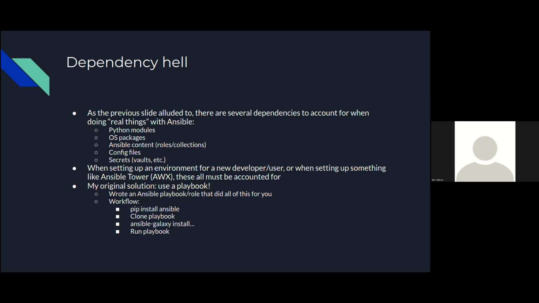Ansible has its own internal, I don't want to call it a package manager, but maybe a content manager, very analogous to apt or yum, or Node.js has npm. They have something called Ansible Galaxy. It's a tool that you can use to install other people's content if you want to leverage their roles or playbooks or things. You have config files, you have secrets, and all these things galore.